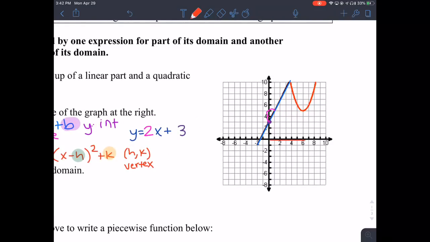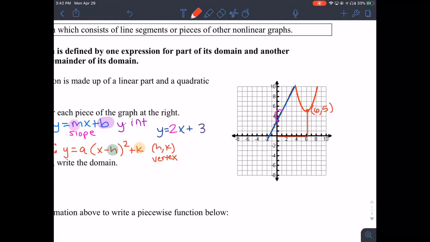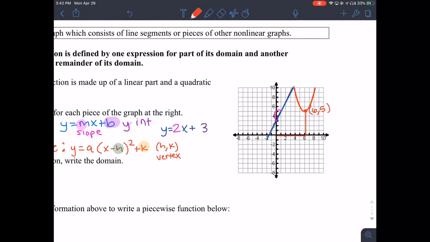So we can look at it transformation-wise. We're moving right 6, up 5. So our vertex is at (6, 5). That means h is 6 and k is 5. So this equation would be y equals a times (x minus 6) squared plus 5. To find the a value, we need to think about the parent function.